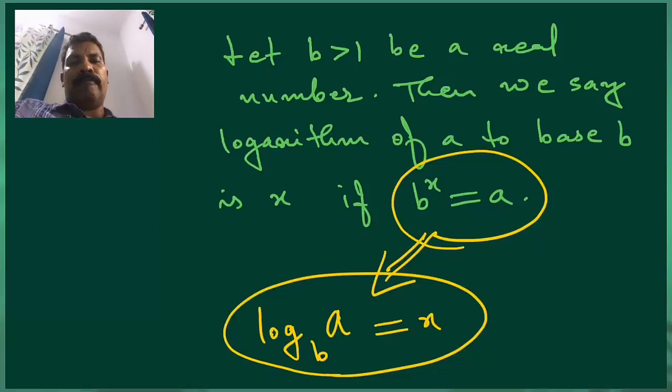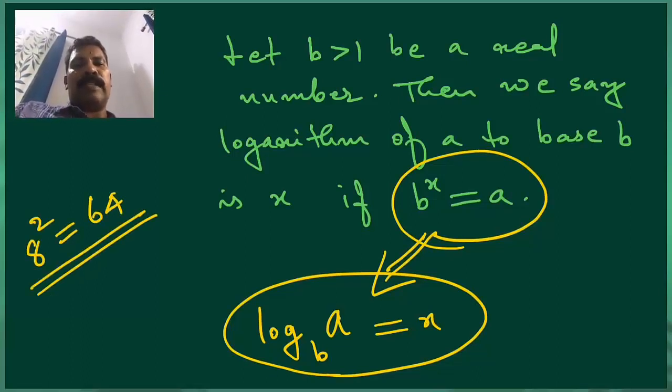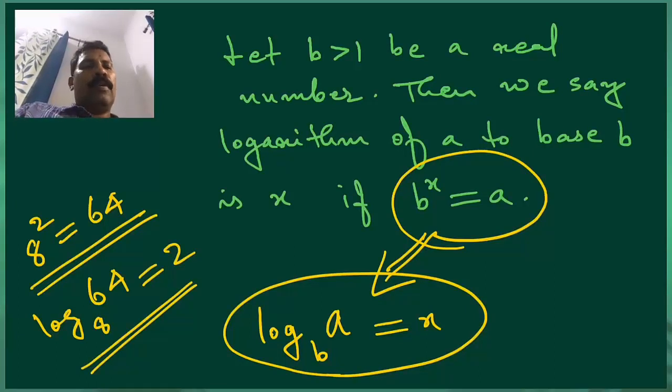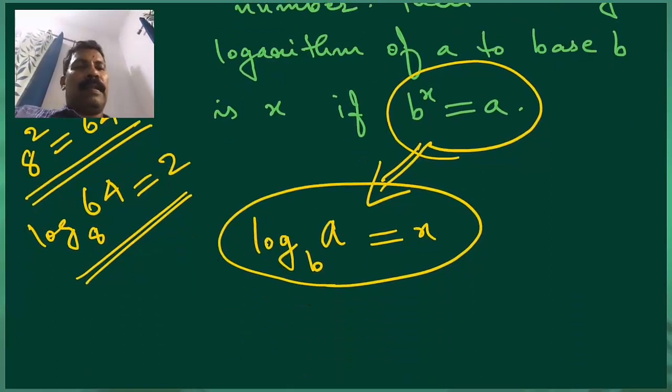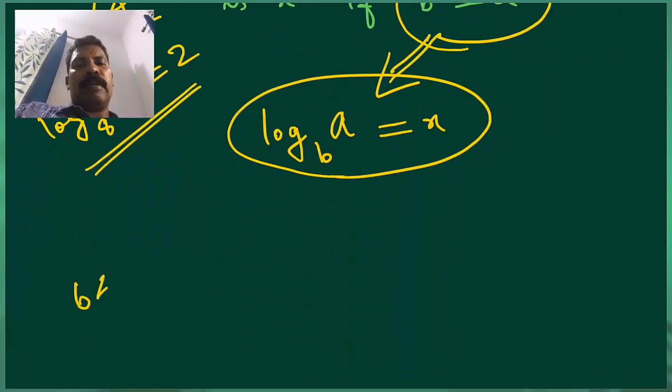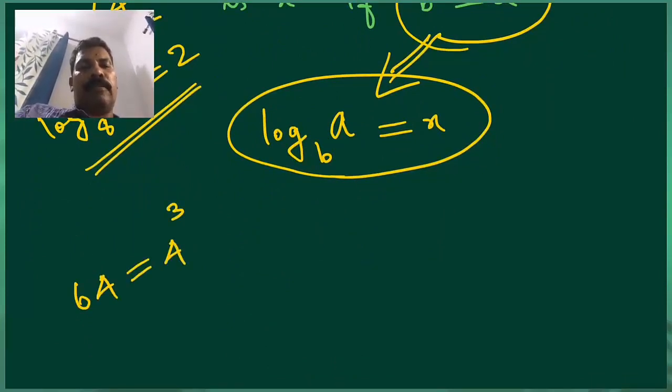So simply speaking, when we write 8 squared is equal to 64, that is the exponential form. Equivalently, one can write logarithm of 64 to the base 8 is equal to 2. Or we can say another example. If 64 is equal to 4 cube, then we can write log 64 to the base 4 is equal to 3.